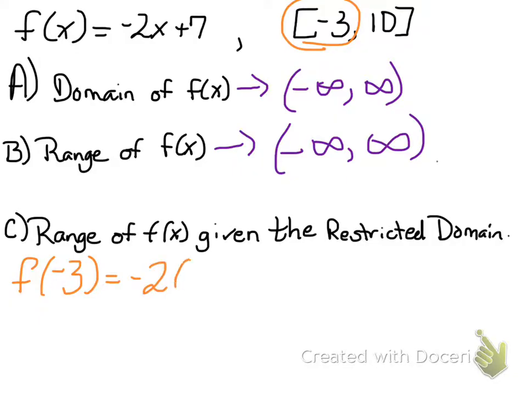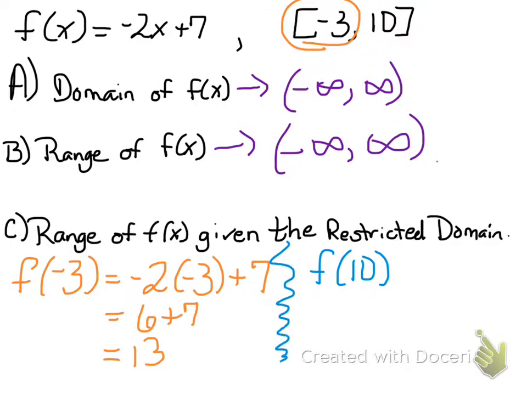So negative 2 times negative 3 plus 7, so positive 6 plus 7 is 13. That's one of my two values. The other value is f of 10.